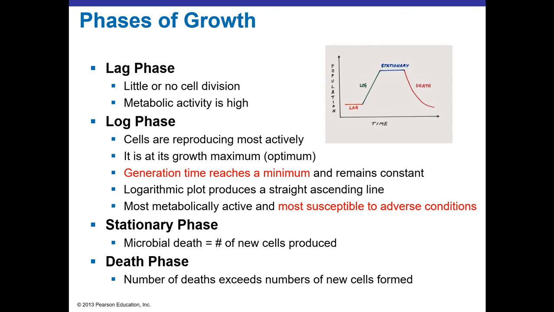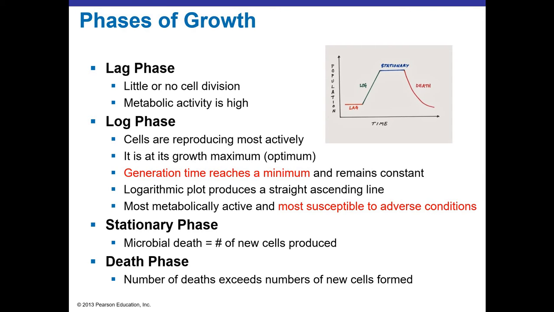It's the least amount of time that it takes for that bacteria to double. It's going to reach that minimum generation time and keep doing that as it goes through that logarithmic plot. So that gives us that nice straight ascending line that we were referring to before. These are the most metabolically active cells, and therefore they're also the most susceptible to adverse conditions.